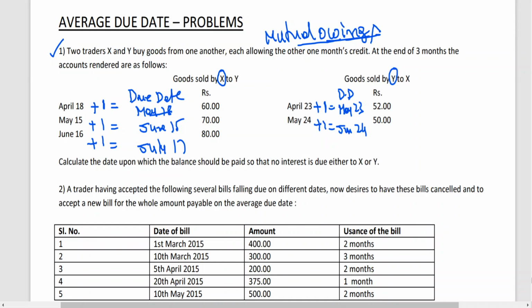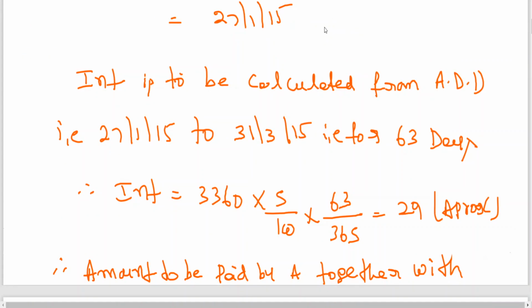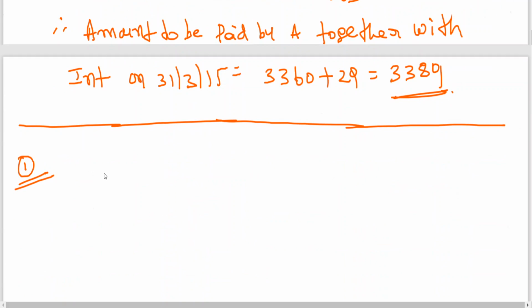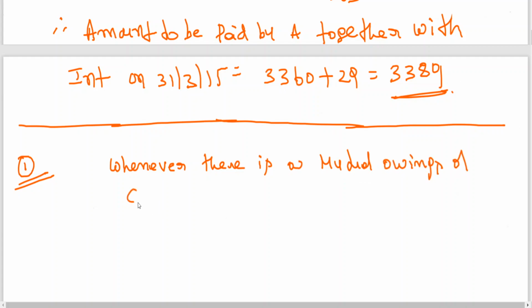So that I will be explaining here. So how to work out? First point, there is a mutual owings or contra.